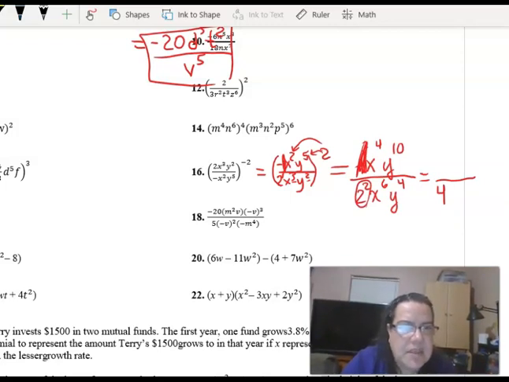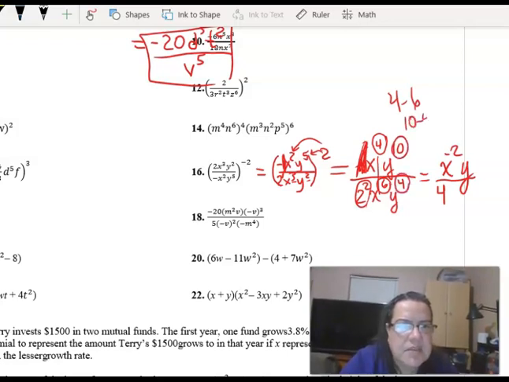But now the x's. So I have an x. And how do you take care of quotients? You take this number minus this number. So 4 minus 6 is negative 2. And so that's x to the negative 2 power. And here the y's, you take this minus that. So it's 10 minus 4.